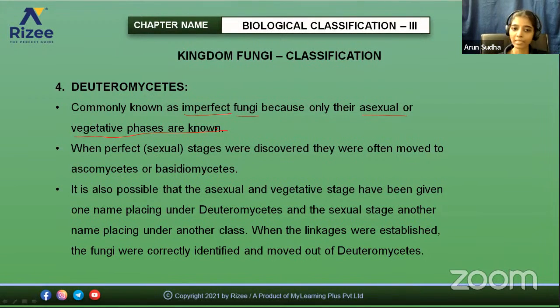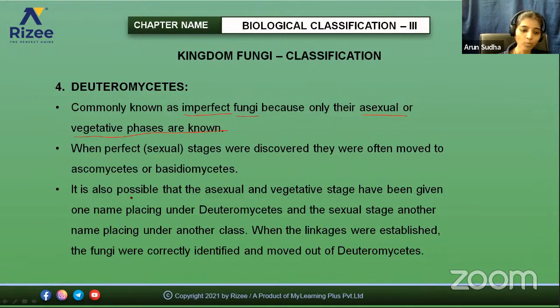When perfect sexual stages are discovered for a particular fungus, it is moved out of the imperfect fungi, or Deuteromycetes, to Ascomycetes or Basidiomycetes. When the characteristics are known, they will be moved to the more closely related category.